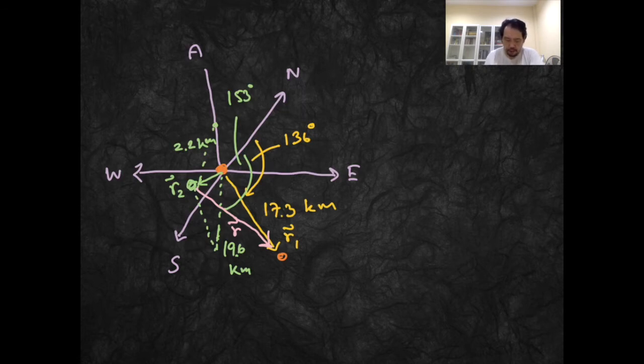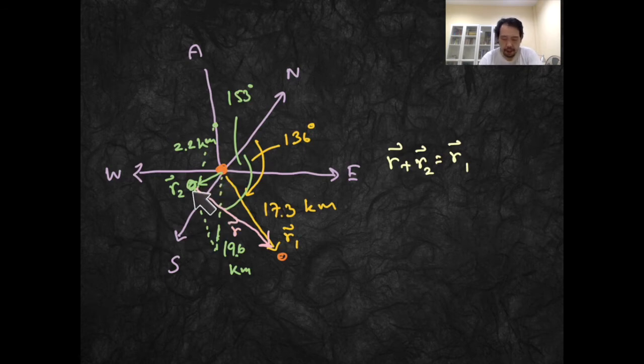And from this figure, you can see that vector R plus vector R2 is equal to vector R1, right?